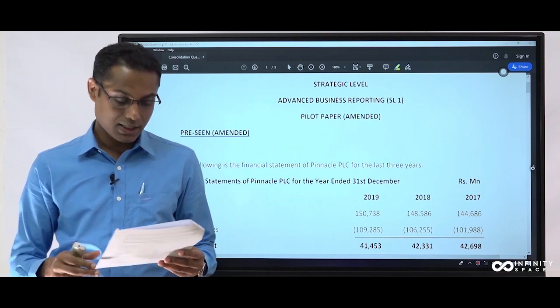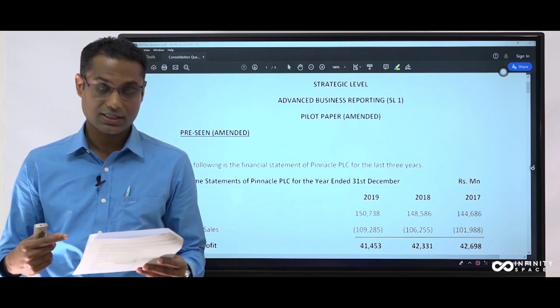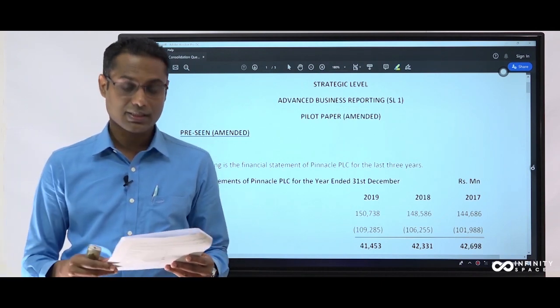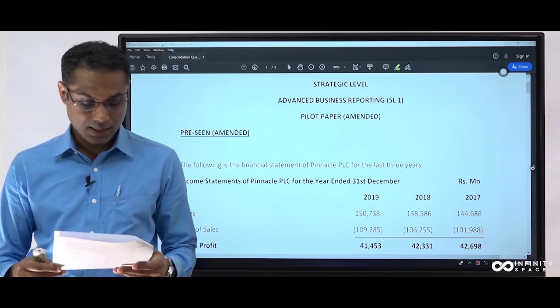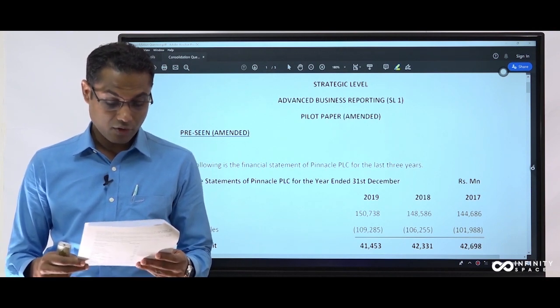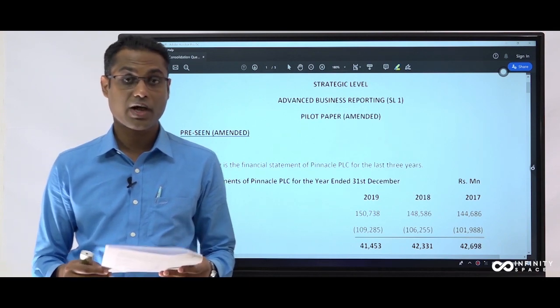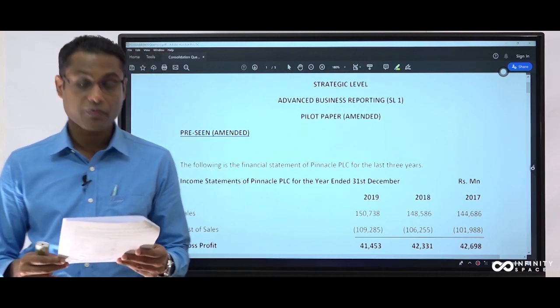This is based on Pinnacle PLC's consolidated financial statements for the year ended 31st December 2019. Pinnacle has disposed of one of its subsidiaries, Small Limited, on 1st January 2019, where you need to calculate the disposal profit in the group accounts.